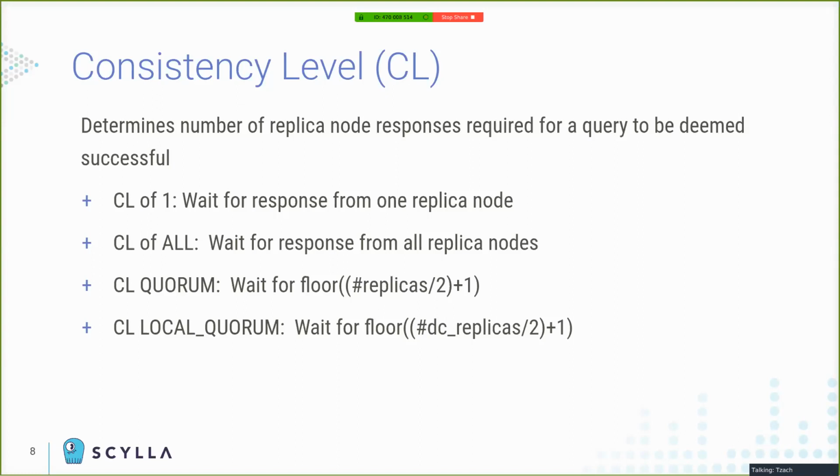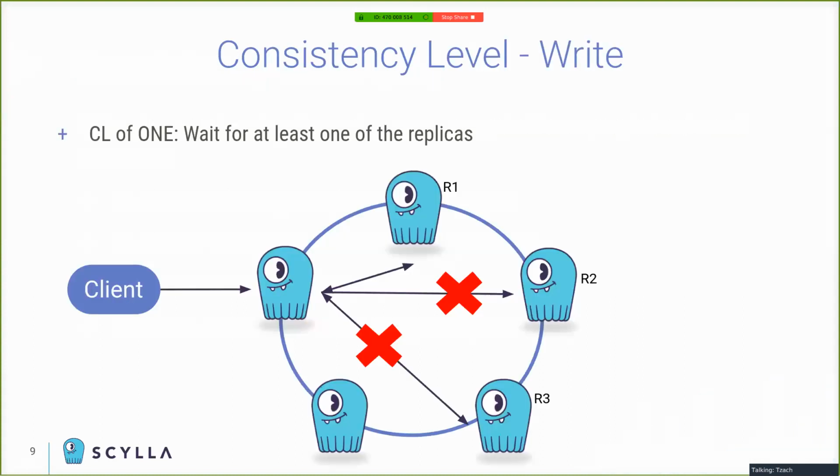As you can understand, this strategy minimizes availability, because if one of the replicas is down, the client will get an error using consistency level of all. And consistency level of quorum, if, for example, you're using a replication factor of 3, will require an answer from 2 replicas. I hope the next few diagrams will explain it a little bit better.